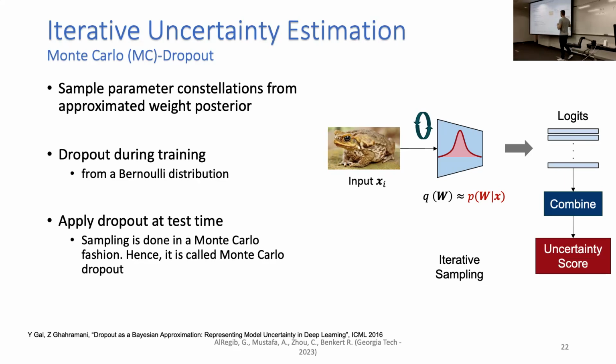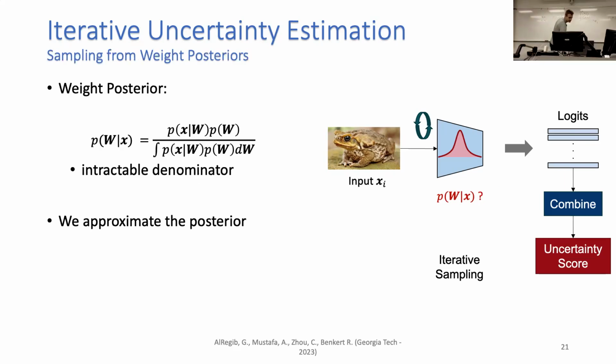Now, there are a bunch of different ways you can approximate this, as you can already imagine. So if I show you this posterior again, in the previous slide, there are a bunch of different ways you can approximate this particular distribution. There are different optimization methods where, instead of just converging to a single point, you're actually converging to a distribution.